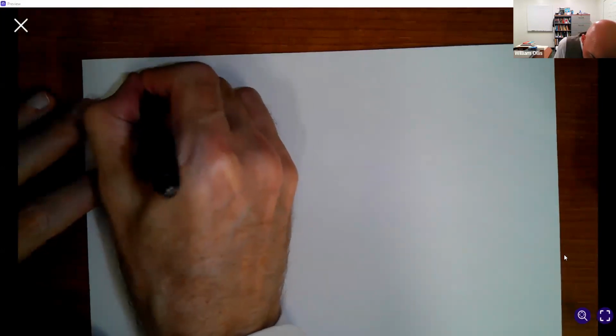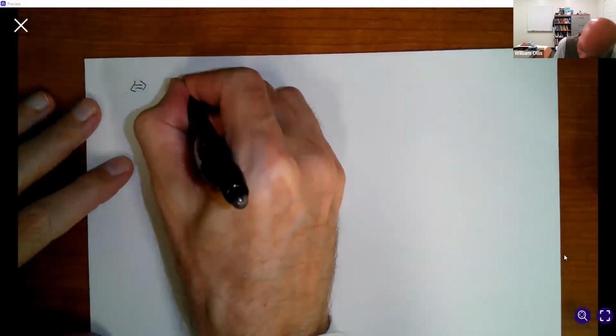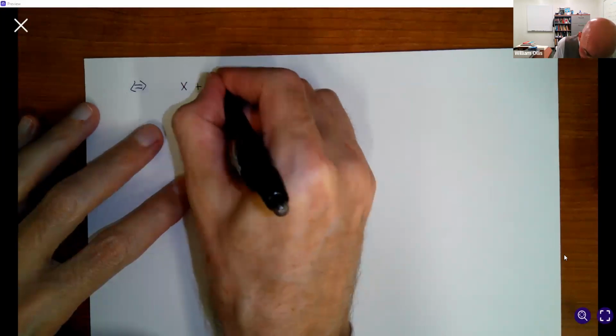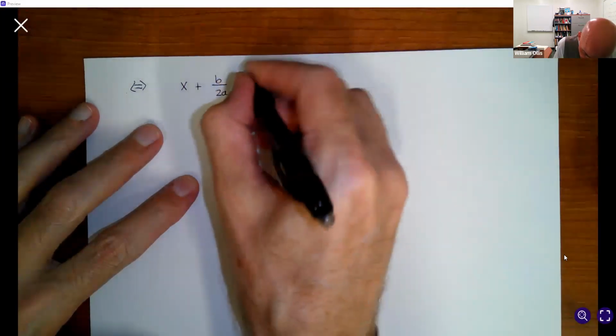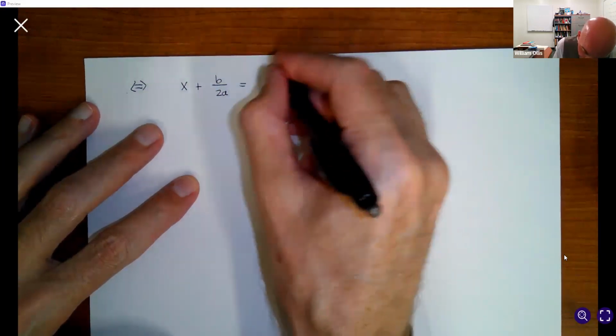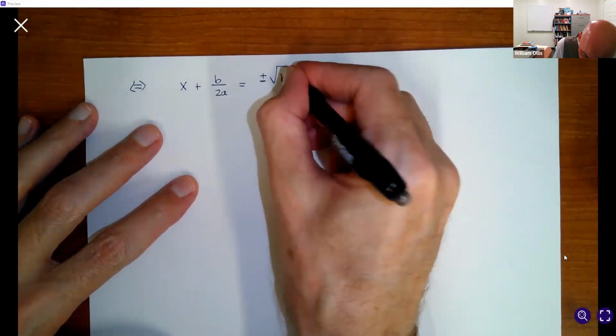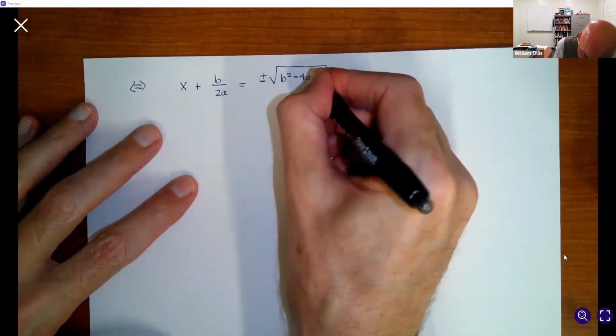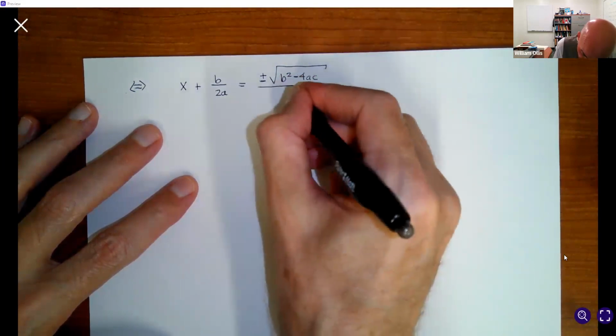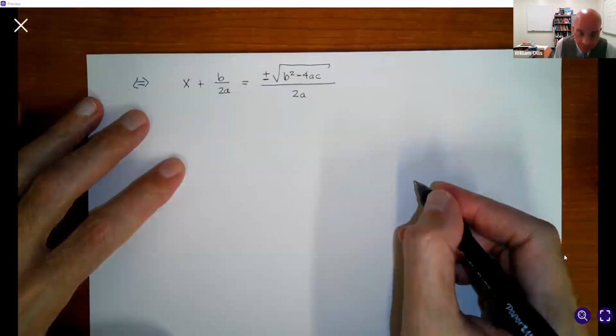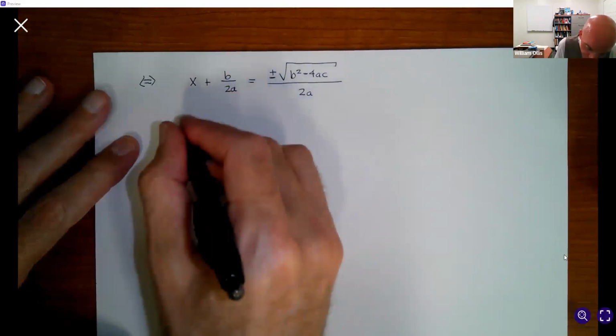Now to finish off, just to complete the step, what we have here is x plus b over 2a, no square, of course, equals plus or minus the square root of b squared minus 4ac, and then, of course, downstairs, as I just noted, we have the 2a. So now we can transpose the b over 2a.